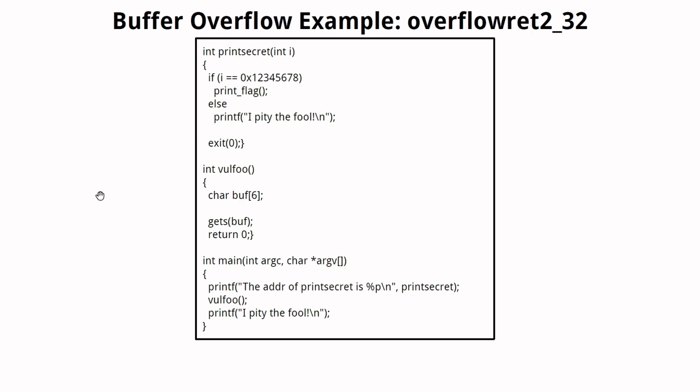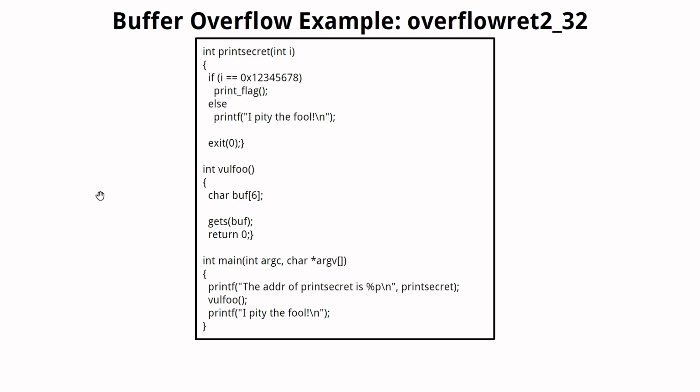This function is almost the same as the previous one, except that we're not supposed to directly call print flag, okay? You can still do that. You can directly return to print flag. But the goal here is we want to return to the beginning of print secret instead. We do not directly return to print flag.